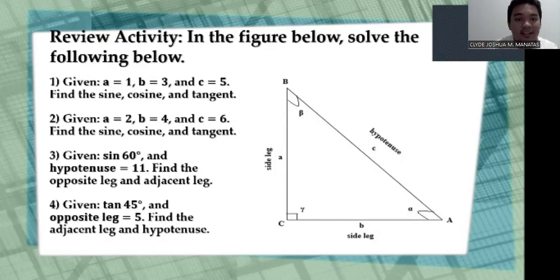Given that sine 60 degrees and the hypotenuse is equal to 11, find the opposite leg and the adjacent leg. So, what is the opposite leg? Anyone? Okay, very good. So let's see.